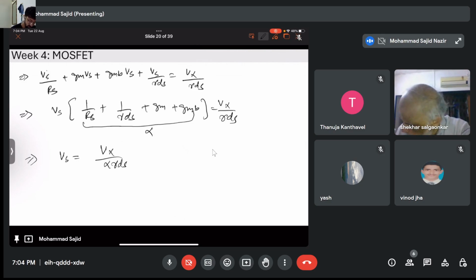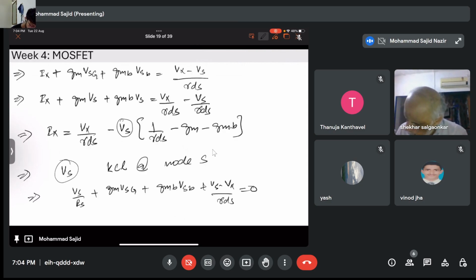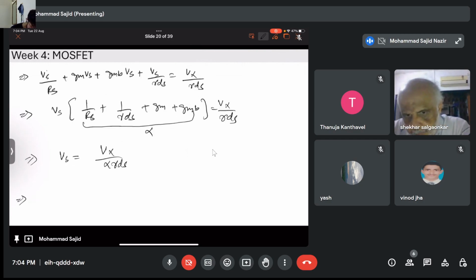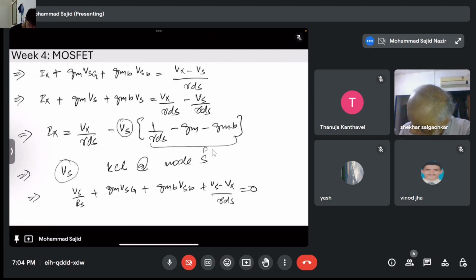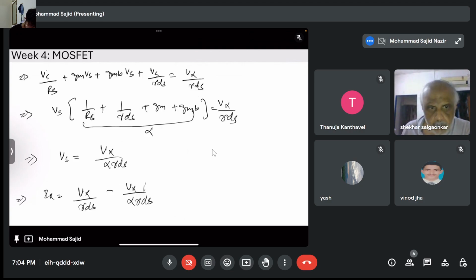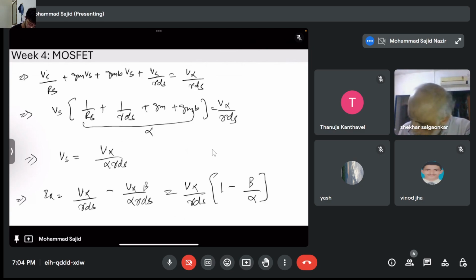Now from the previous part, we have calculated Ix. So my Ix will be Vx by Rds minus Vs, that is alpha Rds, times beta, where beta is the Gm and Gmb term. Vx by Rds will be taken as common, so that is 1 minus beta by alpha.